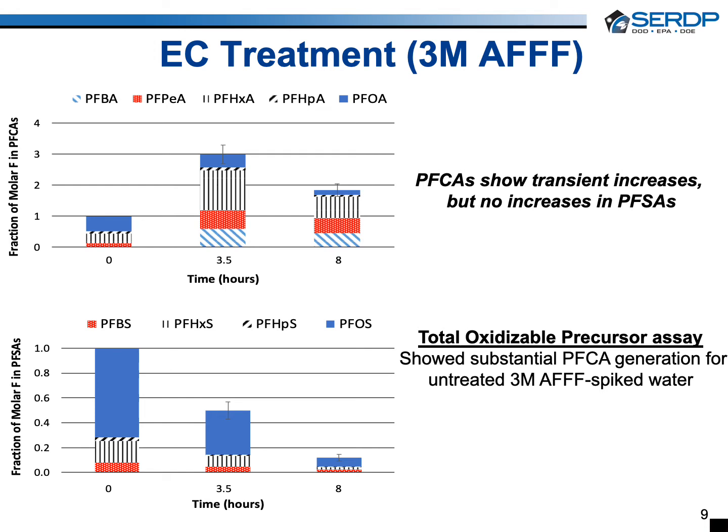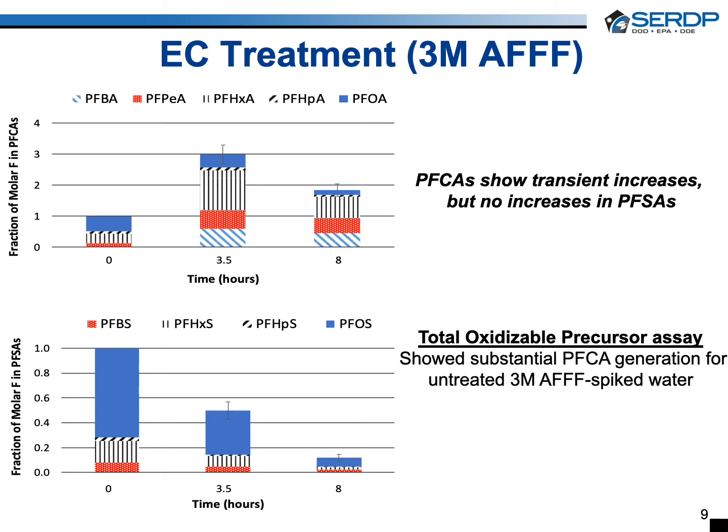But we have a different story for the perfluorinated carboxylates up in the left-hand corner. What we see really clearly is that at 3.5 hours, there is a very large transient increase of these compounds. In fact, at 3.5 hours, it's about 3 times what they were at time zero. But then they start to decrease. They haven't decreased below their initial concentrations, but if you look carefully at the size of each of the bars for each of those compounds, they're all getting smaller.